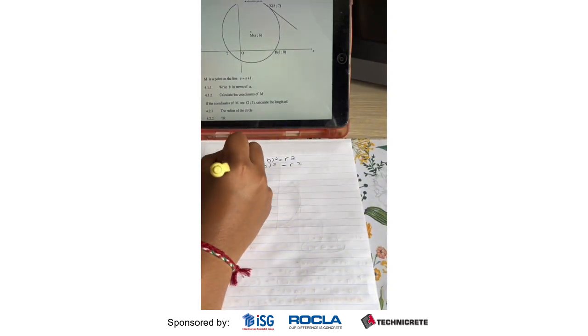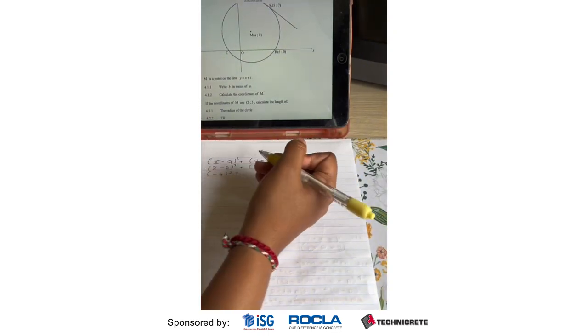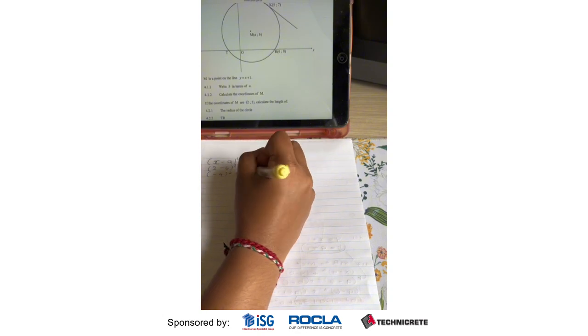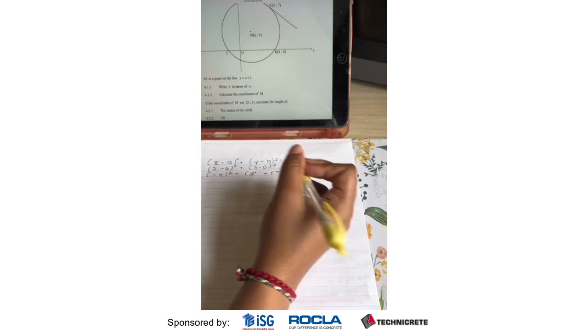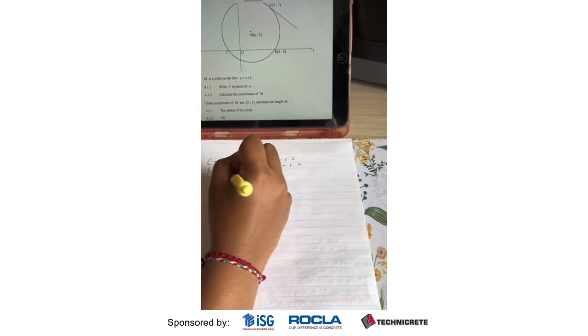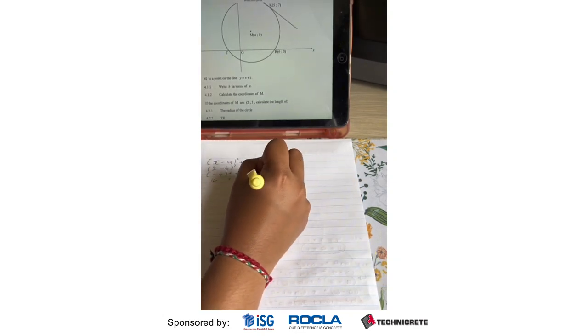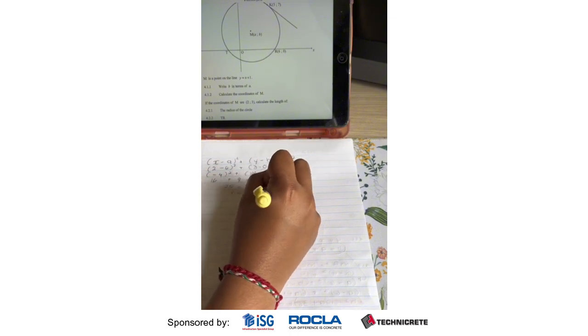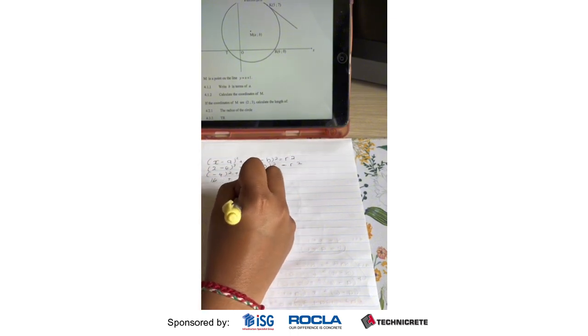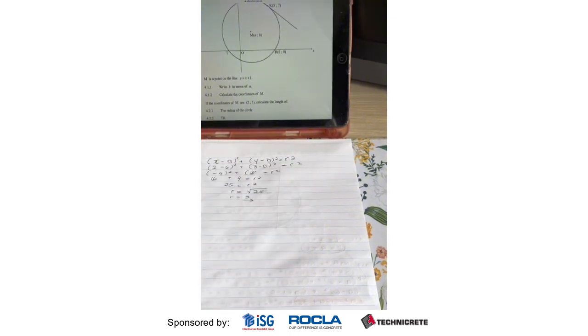So here it's going to be negative 4 squared plus 3 squared is equal to r squared, and we're going to have 16 plus 9 is equal to r squared. 25 is equal to r squared. So r is the root of 25. r is 5. And that is my radius.